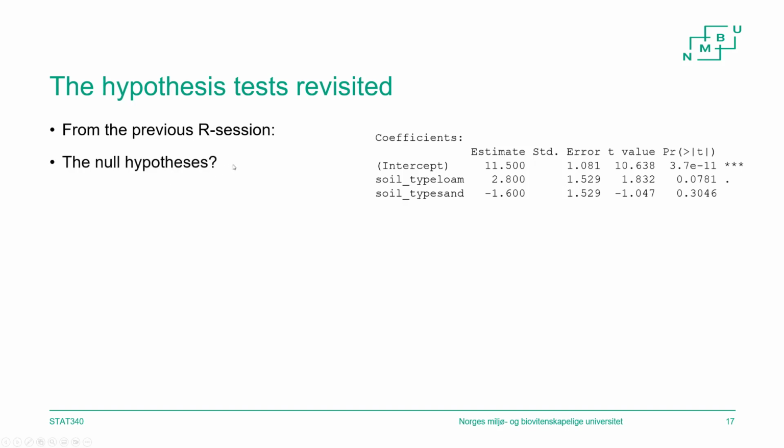And what are actually the null hypotheses now? And this is super important, I would say. This is one of my big issues in STAT340, that whenever you see a p-value or whenever you present a p-value to someone, you should be able to say what was the null hypothesis.